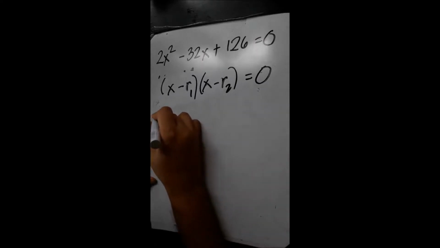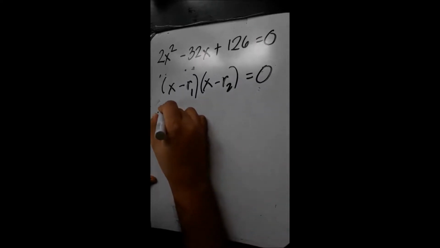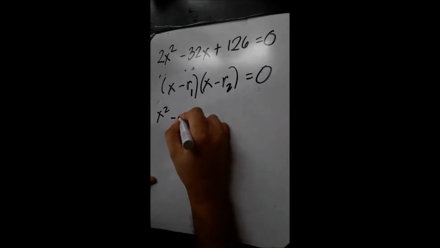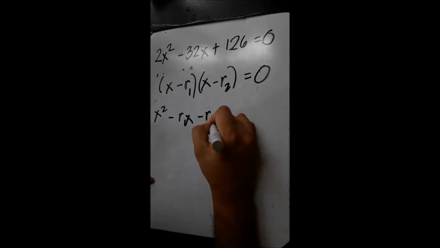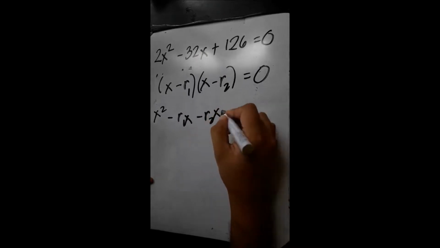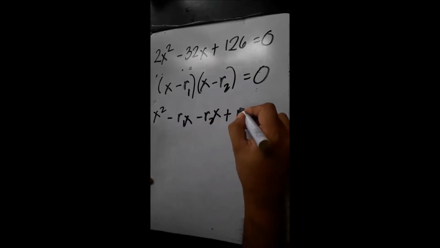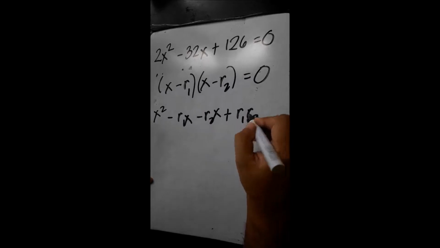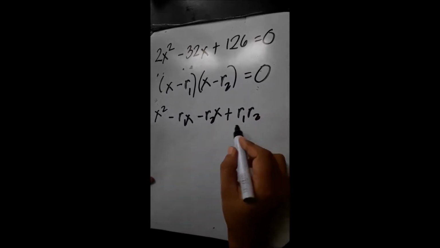we will get x squared minus root 1 x minus root 2 x plus root 1 root 2, or the product of the two roots.